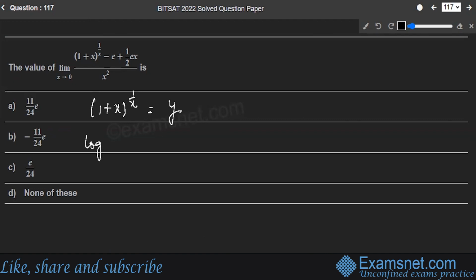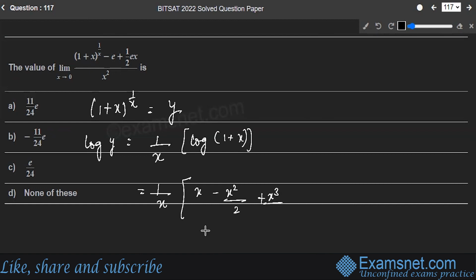Taking log on both sides, you have log y is equal to 1 by x into log 1 plus x. Okay. And yeah, so log 1 plus x, this can be written as 1 by x, x minus x squared by 2, x cube by 3 minus x power 4 by 4, so on.